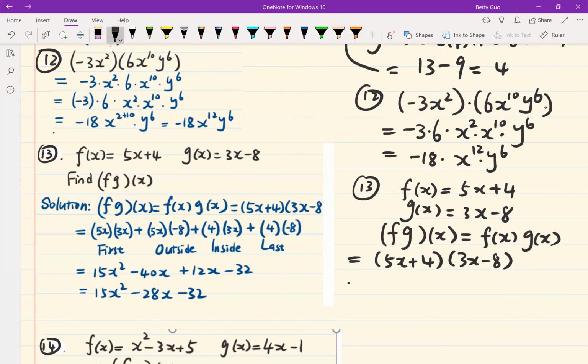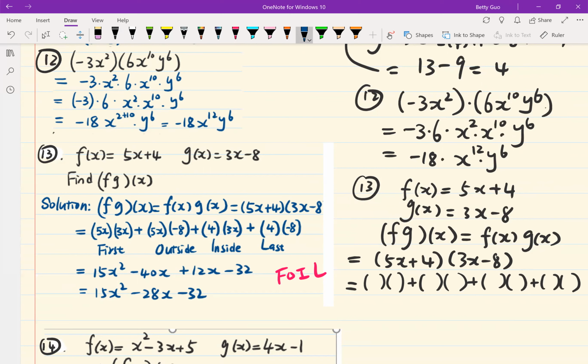There's a technique we have learned to multiply two binomials called FOIL, F-O-I-L. So we are going to FOIL to have the expansion of the multiplication. First times first plus, outside times outside plus, inside times inside plus, last times last.